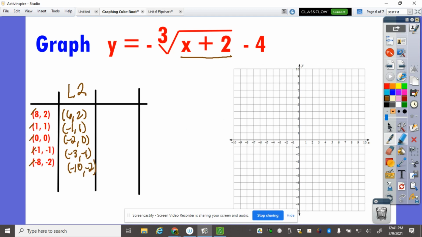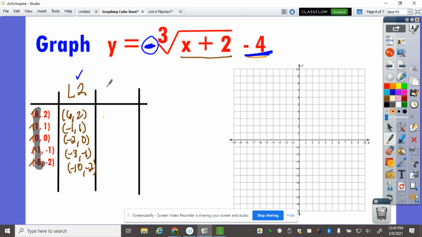So what happened there again? We subtracted 2 from all the x values from the original coordinates, or from the parent function. The next thing to do is multiply the y value by negative 1 because of the multiplier here. We're going to do this one last.